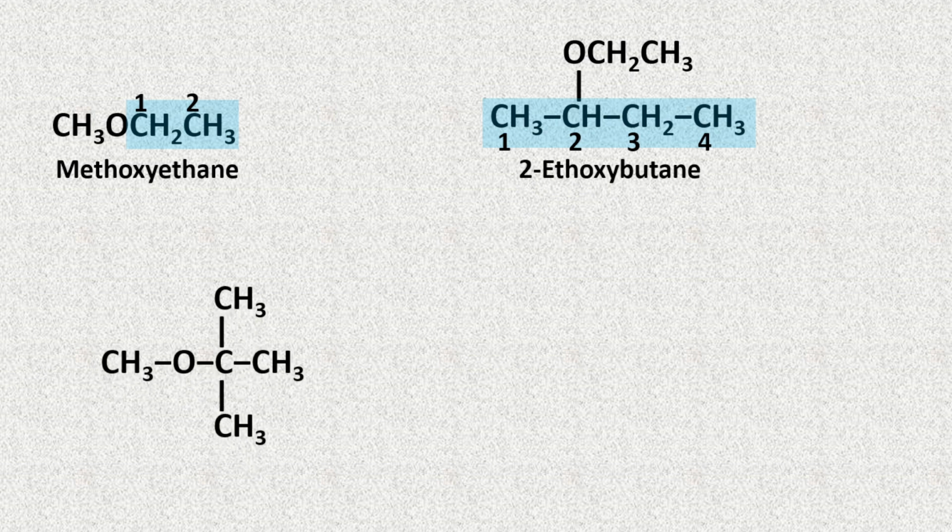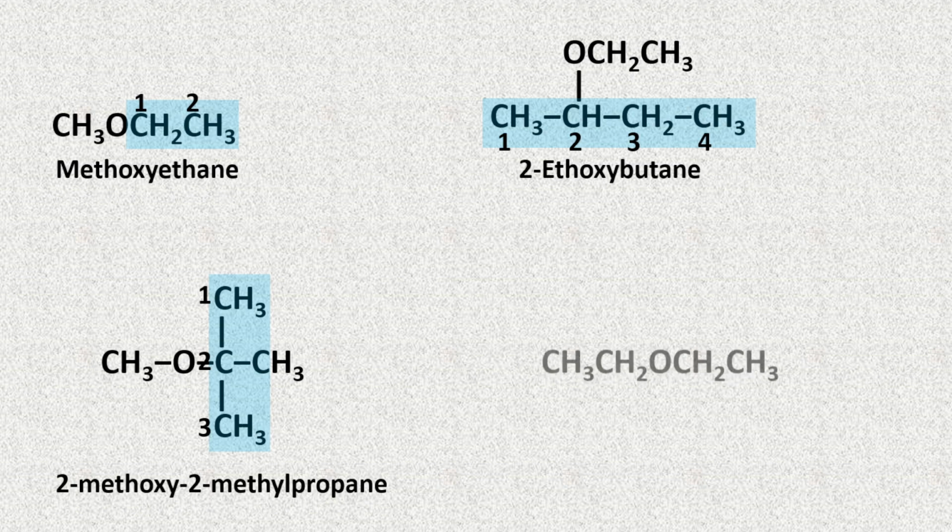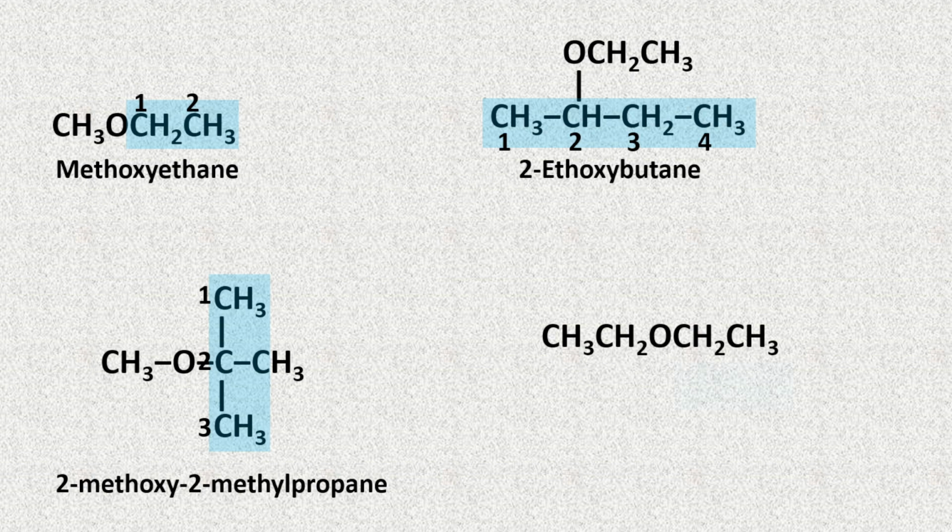In the third compound, the longest possible chain has 3 carbon atoms and there is a methyl as well as a methoxy substituent at carbon number 2. So its IUPAC name is 2-methoxy-2-methylpropane. The fourth compound is symmetrical and has ethyl on either side. So it is ethoxyethane, which is commonly known as diethyl ether.